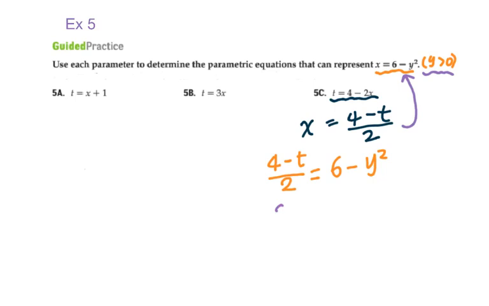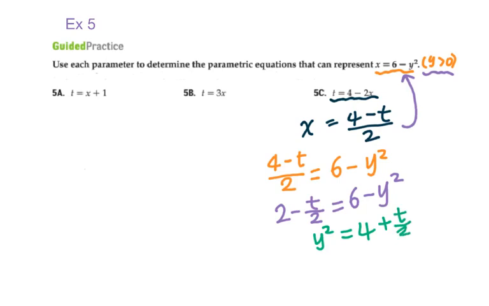Simplify, we got 2 minus t over 2 equals 6 minus y squared. So we got y squared equals 4 plus t over 2.